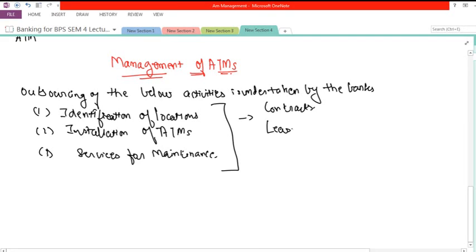So leasing contracts are signed for 5 years. 5 years तक के लीजिंग कॉन्ट्रैक्ट साइन किए जाते हैं, minimum 5 years और मोर. So these leasing contracts help the banks in order to undertake the activities.